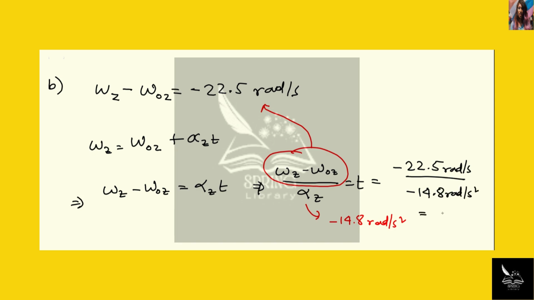So using the numbers, t becomes 1.52 seconds. So we need 1.52 seconds to decrease the angular velocity by 22.5 radians per second. Thank you.